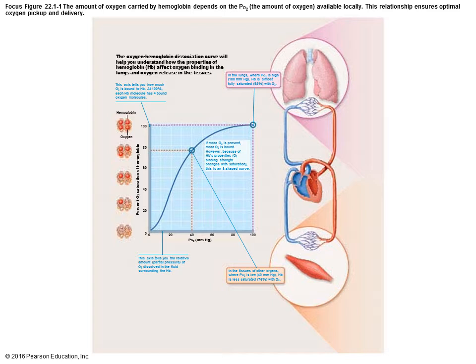Which makes sense from the standpoint that in the tissues, you're trying to unload that oxygen. You don't want the hemoglobin to remain fully saturated because you want the oxygen to leave the hemoglobin and move into the tissues where it's needed. But in the lungs, as you inhale, you want those red blood cells passing through to be picking up the oxygen so they can take it throughout the rest of the body.